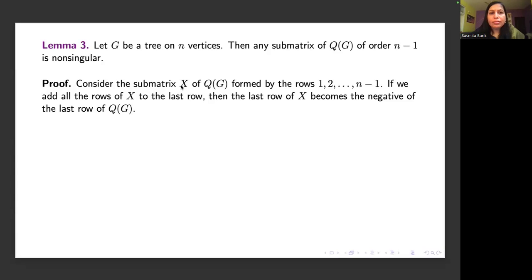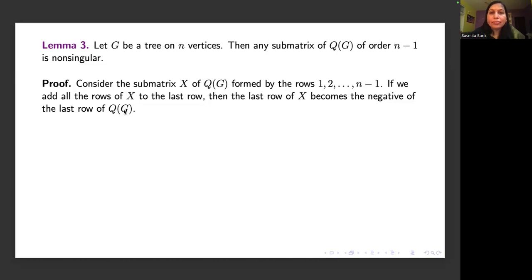Now if I add all the rows of X to the last row, what you will get will obviously be the negative of the last row of Q_G, because Q_G has column sums equal to 0.